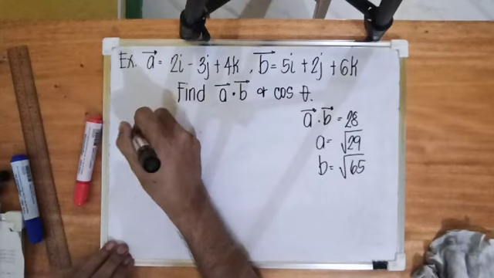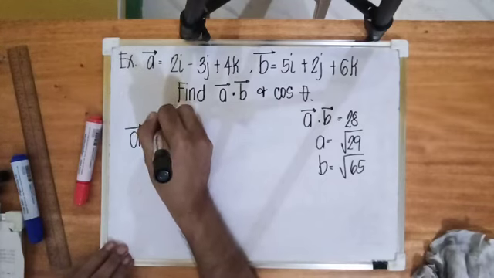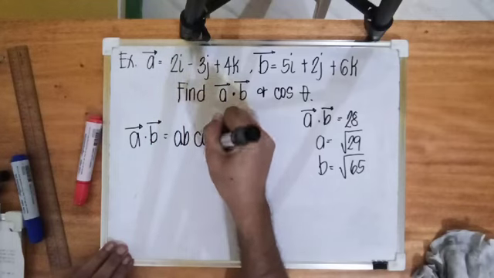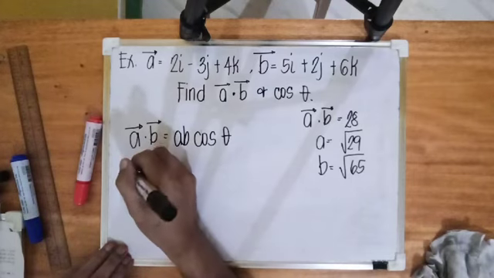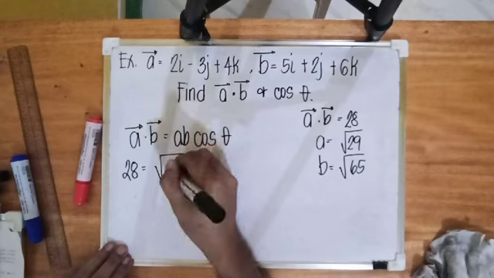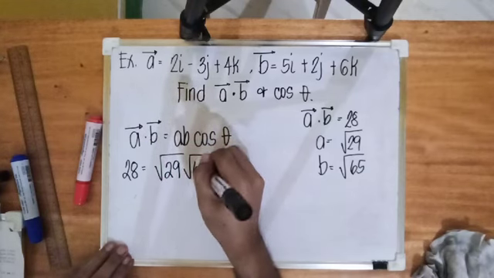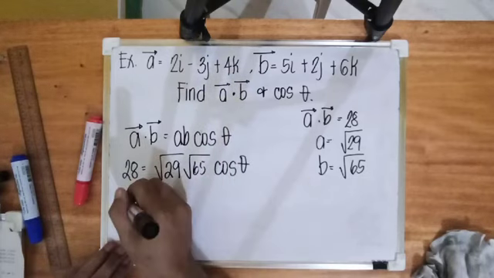So again, using the formula, vector A dot vector B is equal to AB cosine theta. So 28 is equal to the square root of 29 times the square root of 65 times cosine theta.